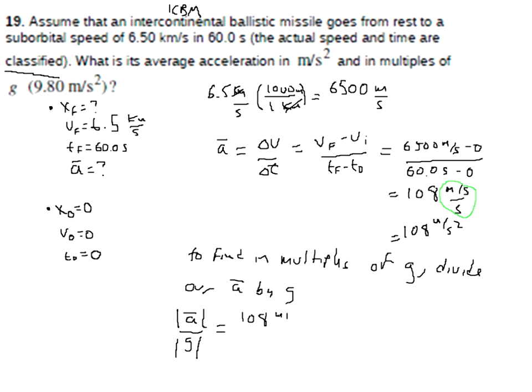So 108 meters per second per second divided by 9.80 meters per second per second. Units cancel out, which is good, because a ratio like that should not have units.